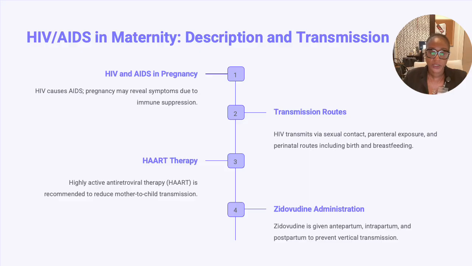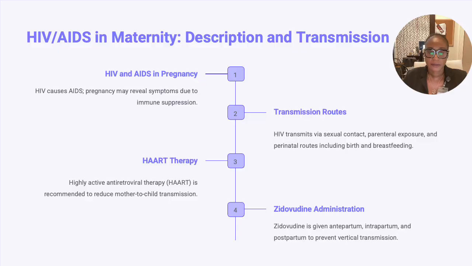And then there's a drug also that is utilized. It's called zidovudine. It's recommended for the prevention of mother to child transmission. This is also administered based upon the following recommendation.